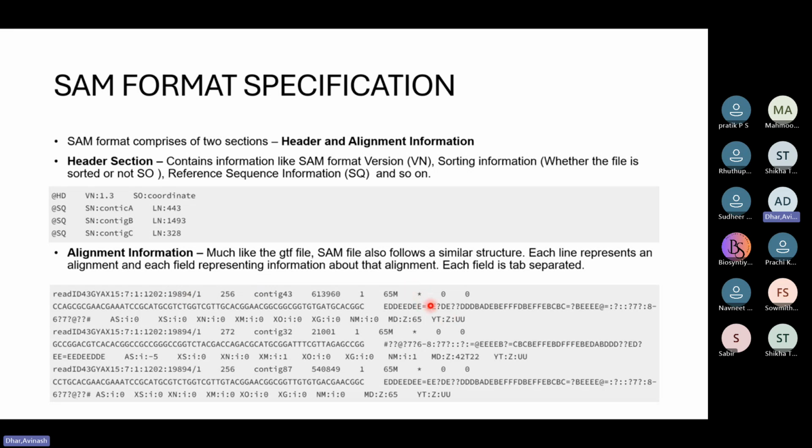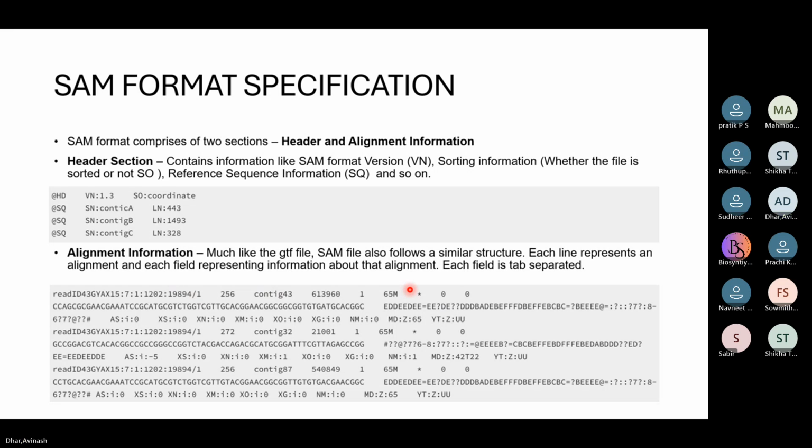If that information is available, and say this read is aligning to the same contig and its reverse read is aligning to the same contig, then you would see an equal sign here, which means that both the forward and the reverse reads are aligning to the same reference.